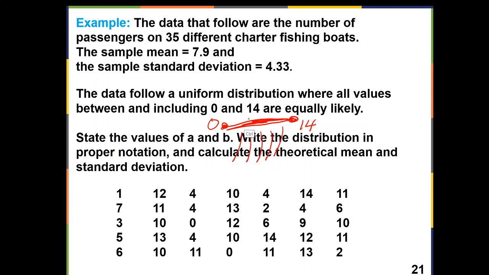Now, in theory, if the numbers are between 0 and 14, that is a uniform distribution.